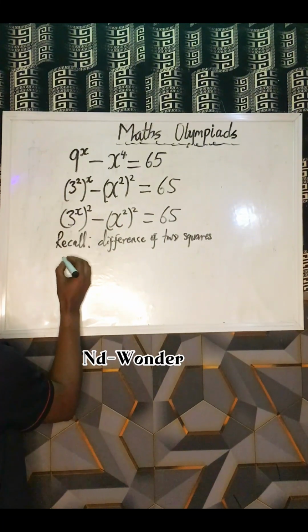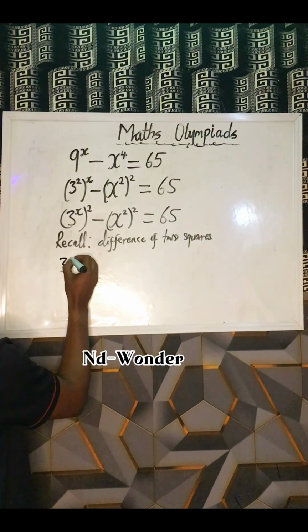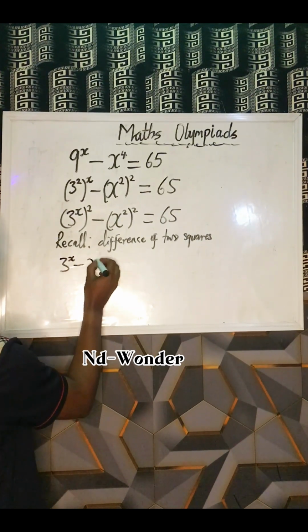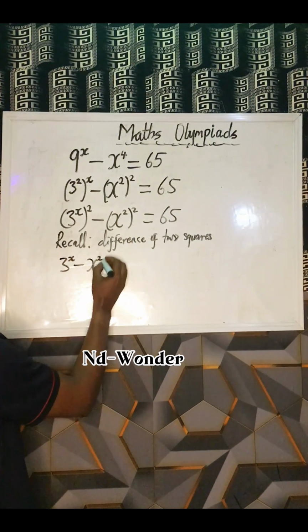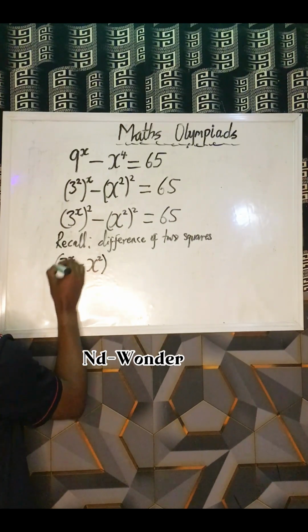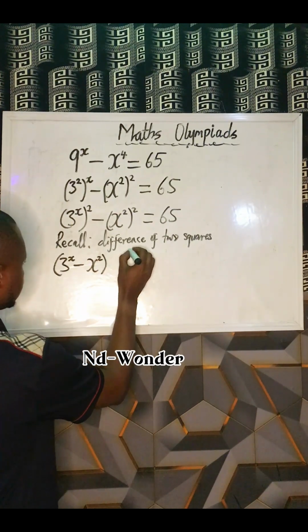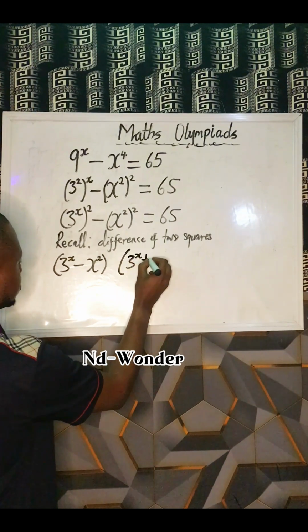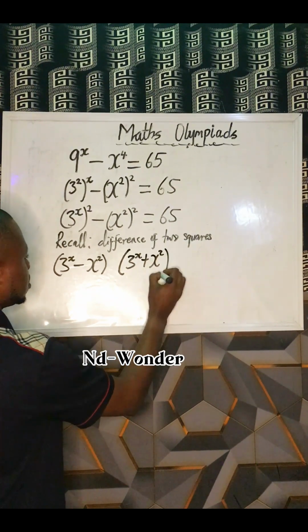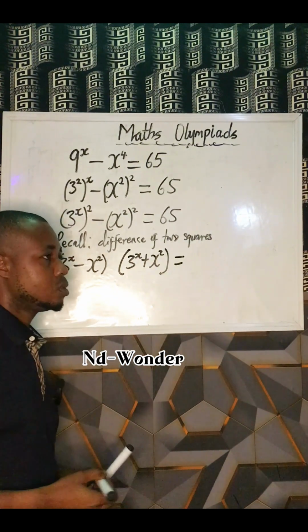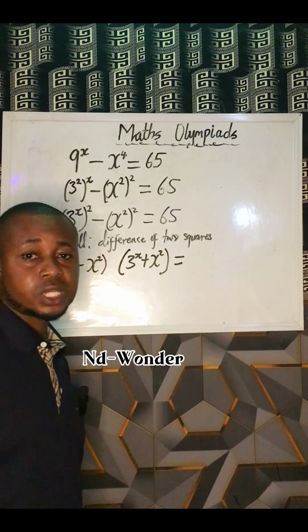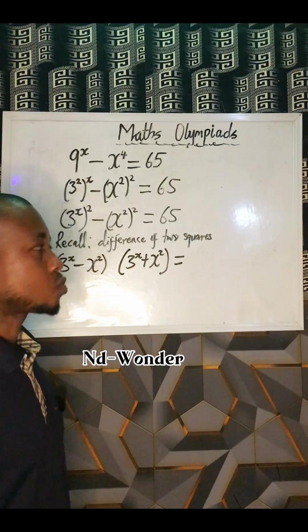In that case, I'll have 3 to the power of x minus x squared, brackets, 3 to the power x plus x squared. It will be equal to, now you can see these values have been obtained through the difference of two squares.